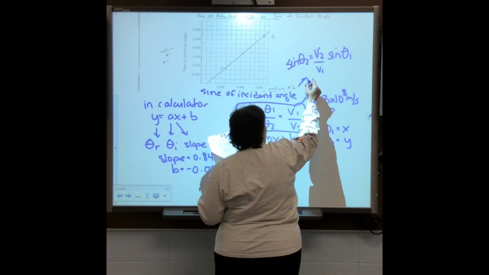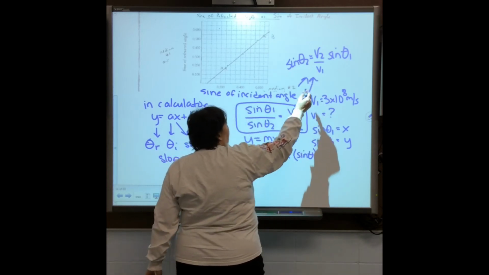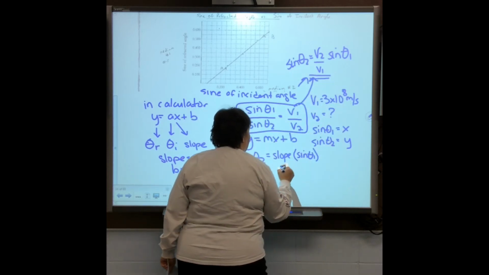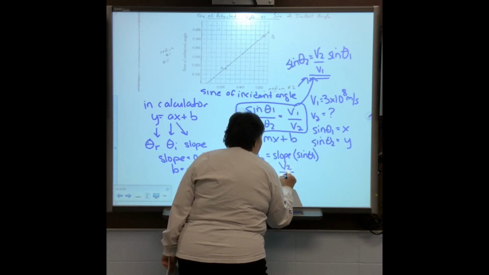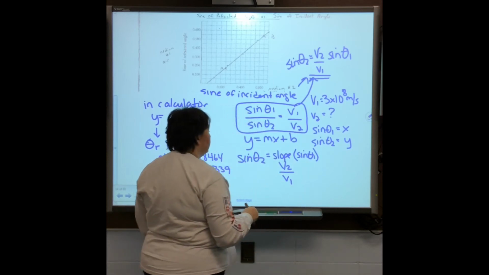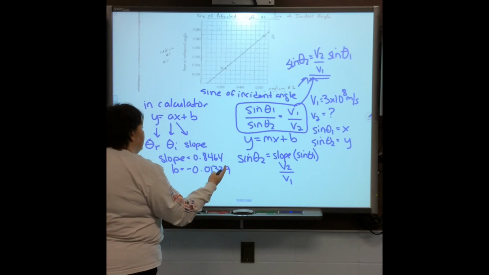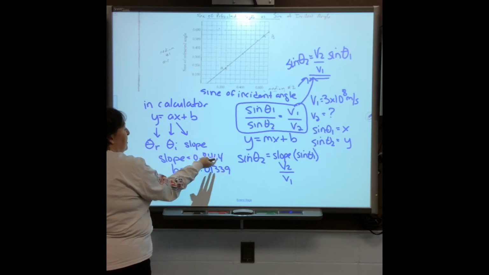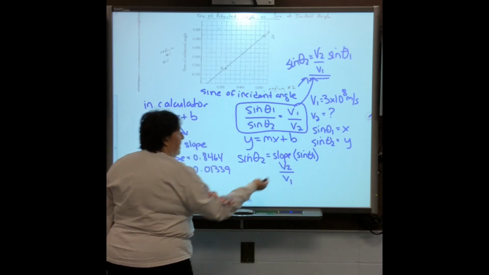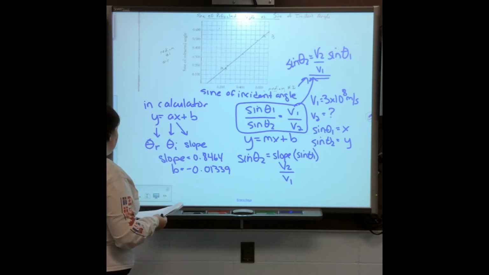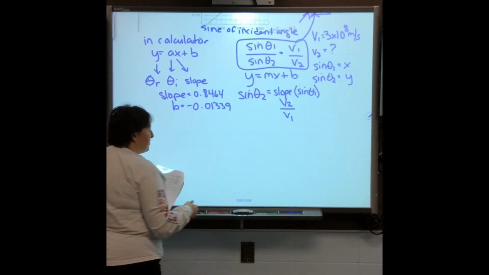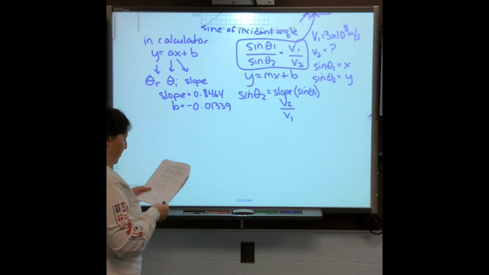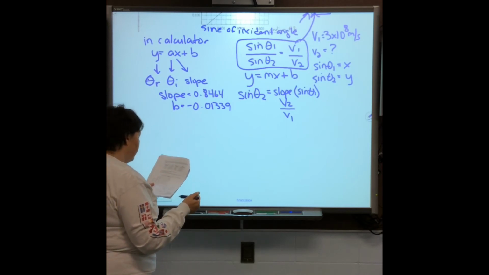Well, what's in the slope position? This is going to be v2 over v1. That's what your slope is equal to. When we get this 0.8464, that's what that is. So it's okay that we don't know the second velocity.